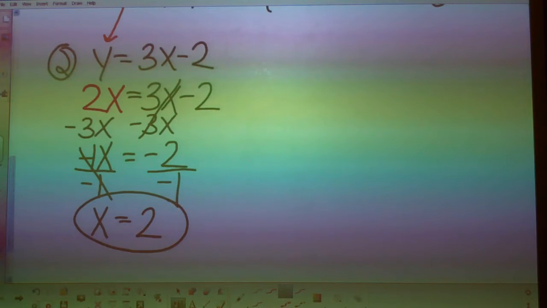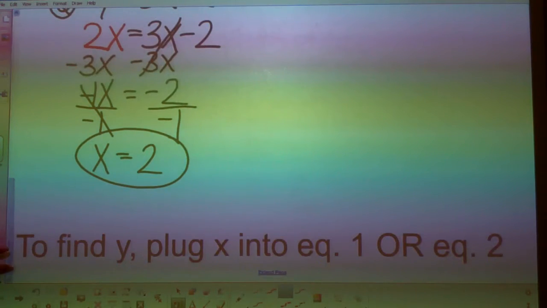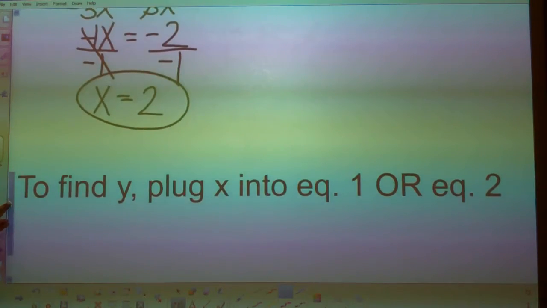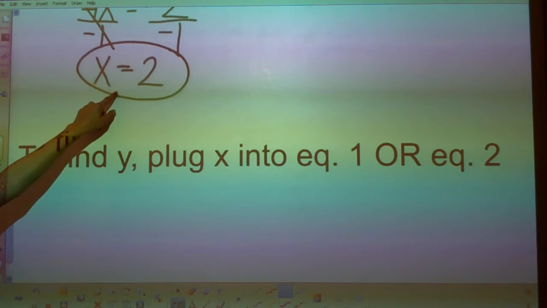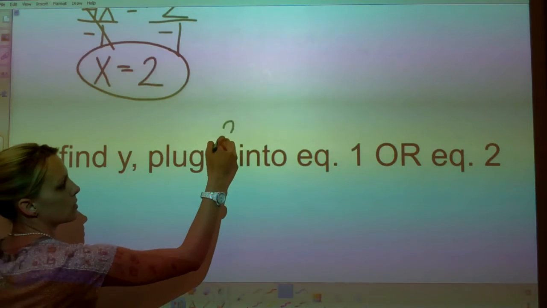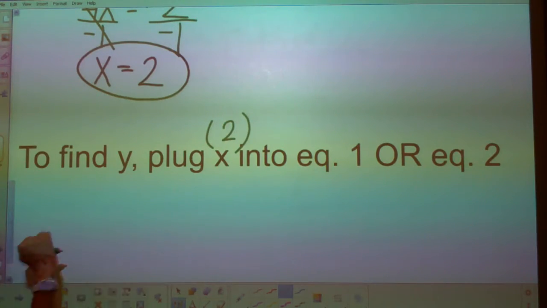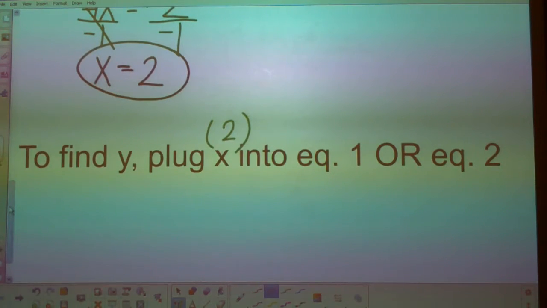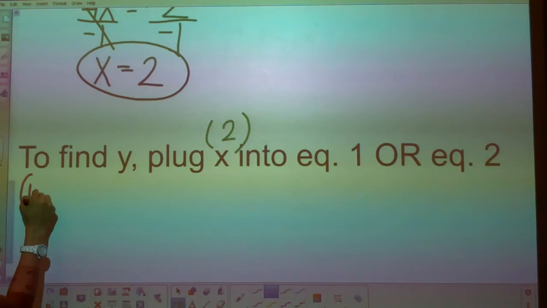Now that's your x portion. To find y, you have to plug whatever you found for x, we found 2, into equation 1 or 2. You can choose. We'll choose equation 1.